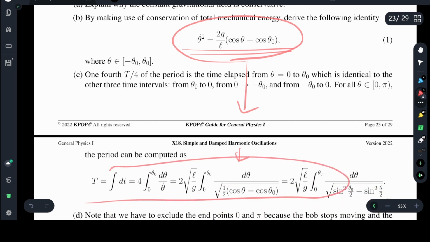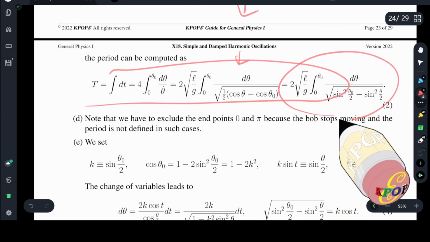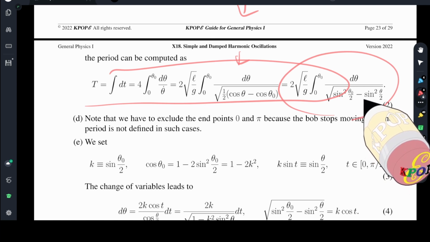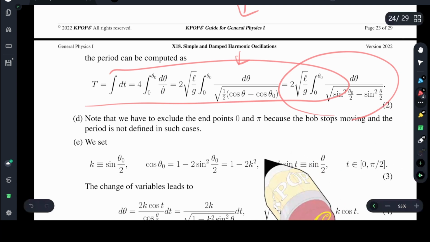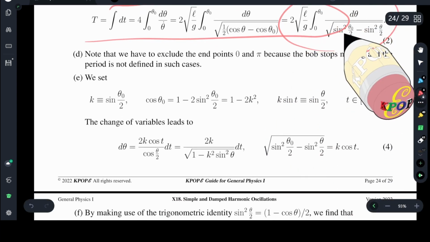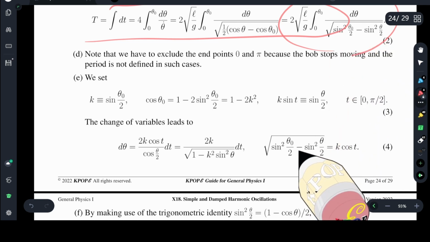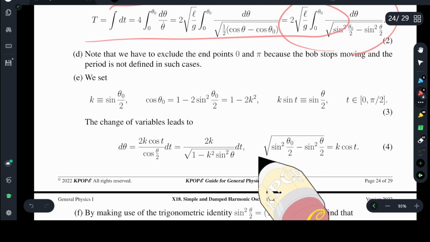The problem is that the integral is quite complicated. And as you can see, when the denominator touches zero, it diverges. The only way to carry out this integral is a numerical evaluation. There is no closed form formula for this integral table.